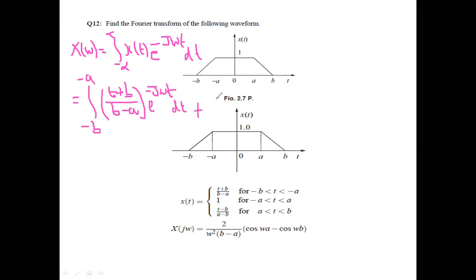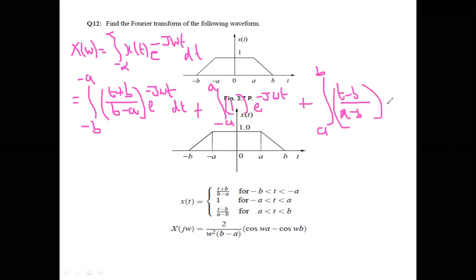Okay, my dear students, plus the integral from minus a to plus a of 1 into e power minus j omega t, plus the integral from a to b of t minus b by a minus b into e power minus j omega t dt.